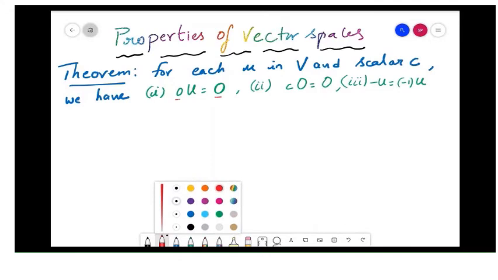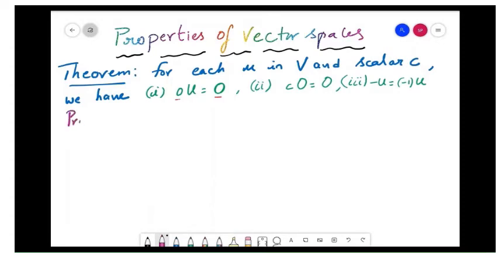When we start the proof, you are given a vector space V, a scalar C, and a vector u in V. The first one we have to prove is 0 into u is equal to 0. So I'll write 0 into u as (0 plus 0) into u. What did I do here?